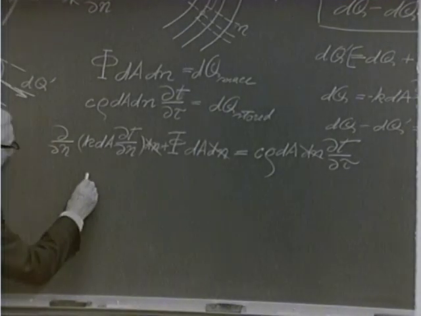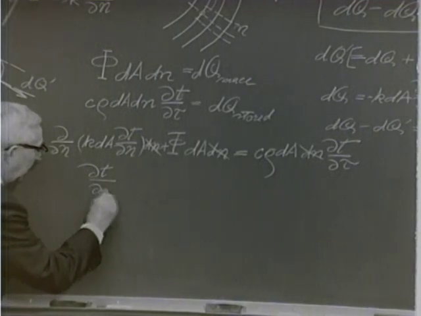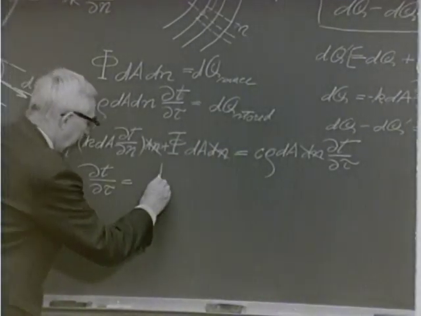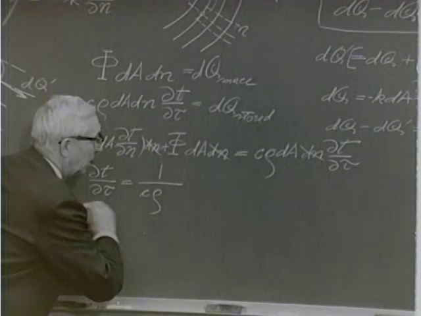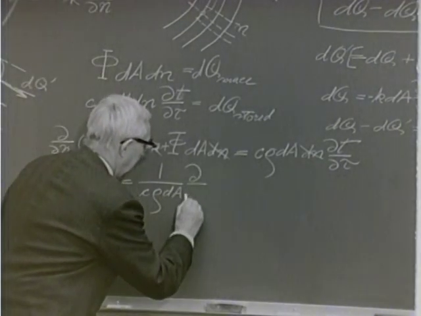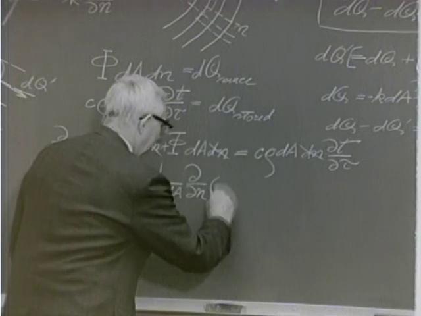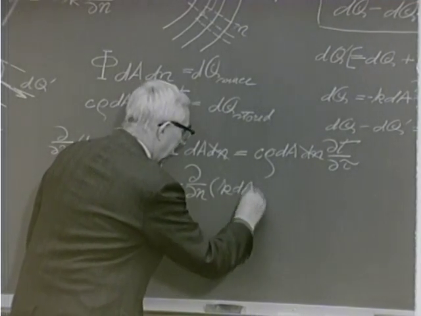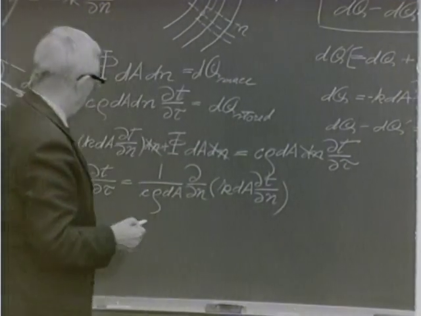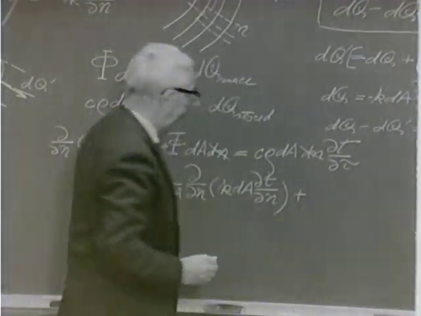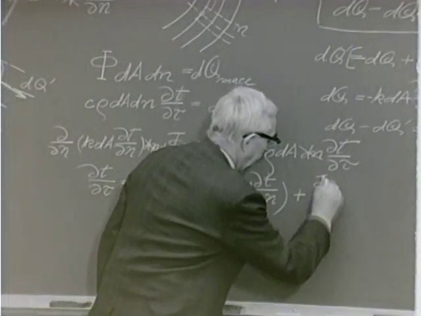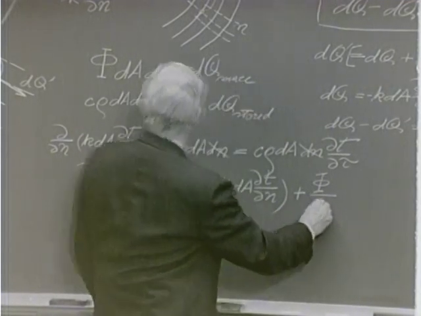So let's do this here: dT over d tau equal to, and I have now to multiply through by this term here, 1 over c rho dA, times d over dn of k dA dT dn, plus, here the dA cancels out too, so I have just phi over rho c.